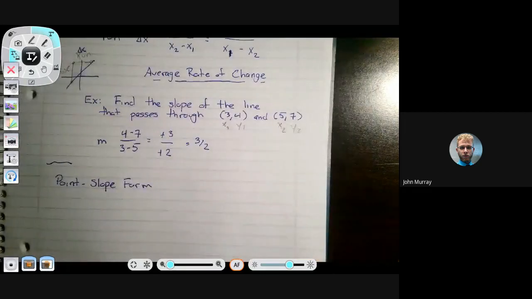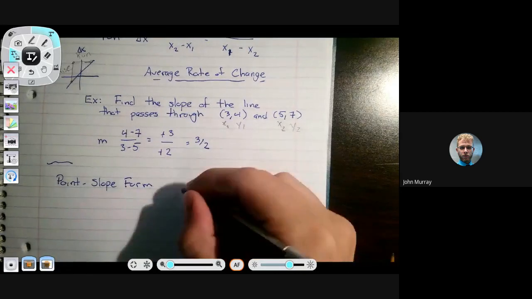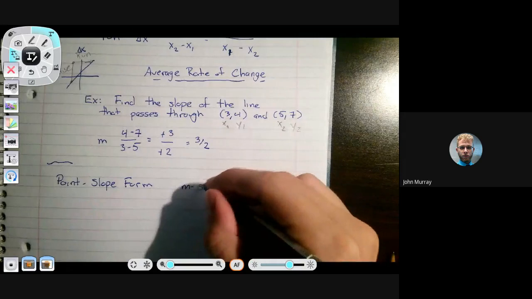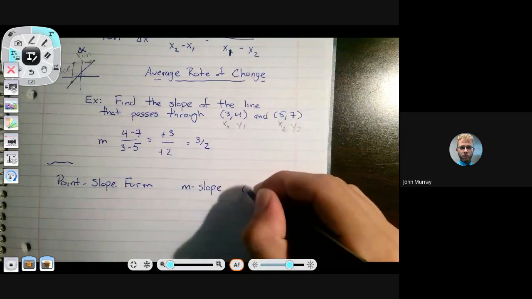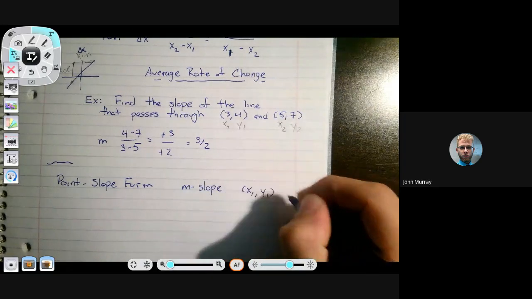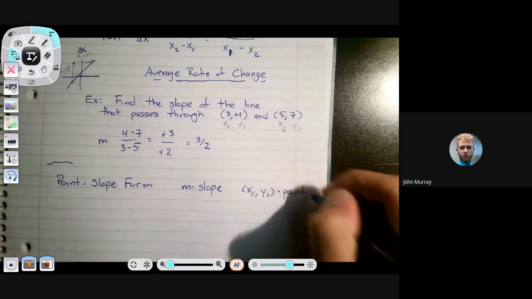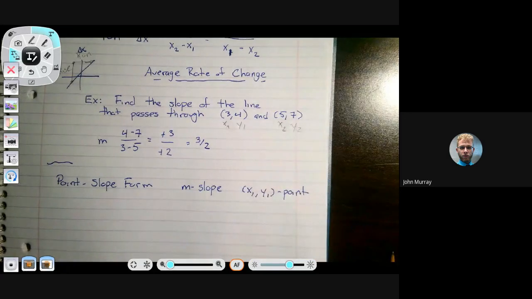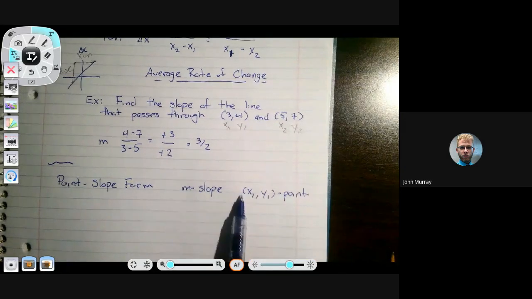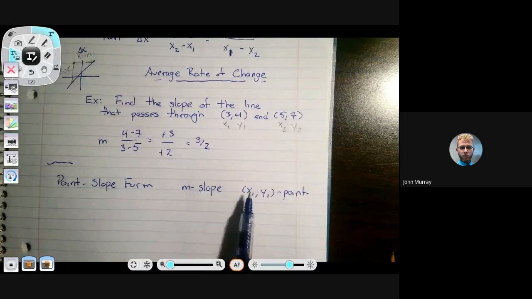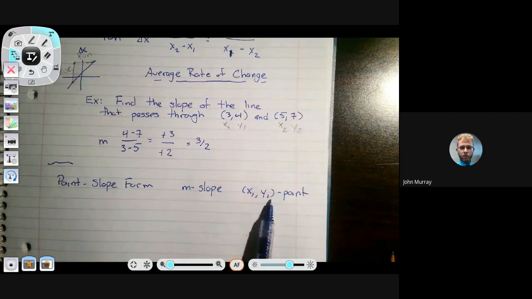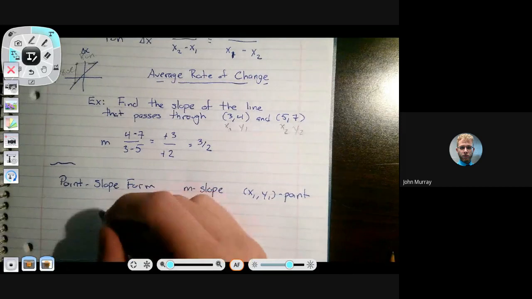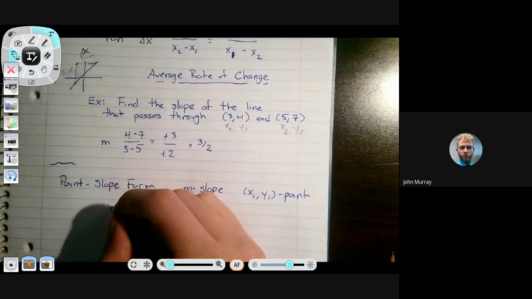But for point slope form, instead of just using the y-intercept like we did above, we're going to use a point. So we need three things: the slope, an x-coordinate, x1, and a y-coordinate, y1. Point slope form looks like this.